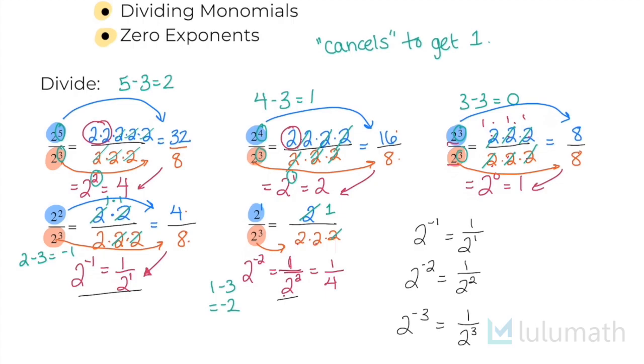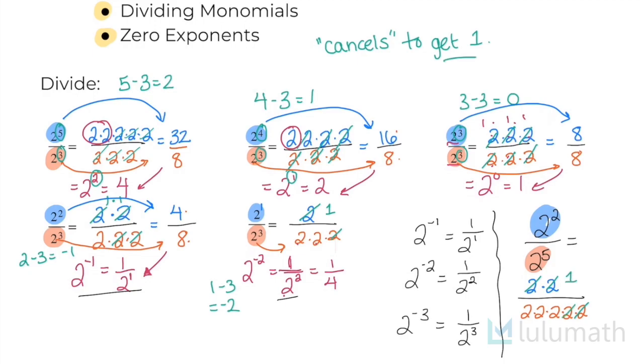Let's see if this is true. So I will try 2 to the power of 2 divided by 2 to the power of 5. And I know 2 to the power of 2 means 2 times 2. And I know 2 to the power of 5 means 2 multiplied by itself 5 times. And we can say this 2 will cancel with this 2, will cancel with this 2, and they cancel to give us 1.